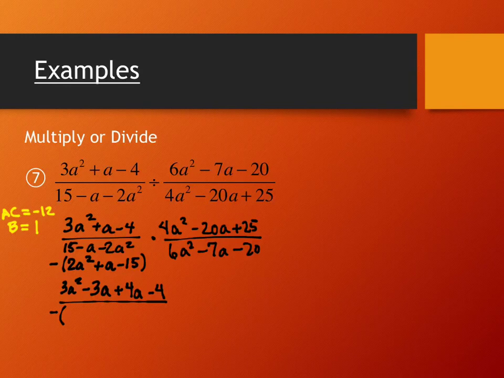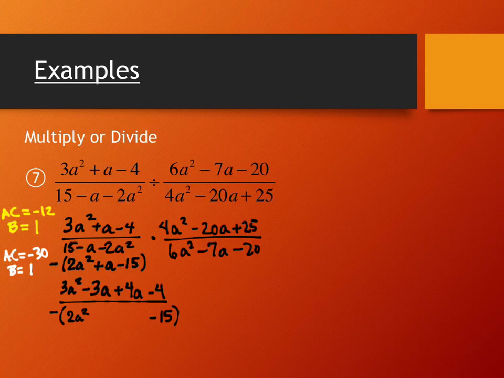Now we're back to thinking AC method. So a times c with the part in parentheses. That would be 2 times negative 15, which would be, good, negative 30. And b would be 1. All right, so let me rewrite the pieces that don't change. The 2a squared's the same, and the minus 15 at the end is the same.